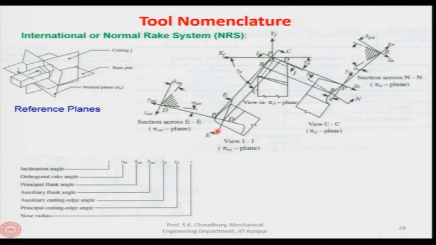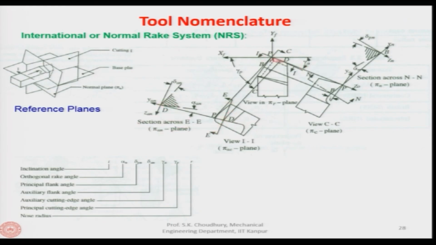In this plane we will take another plane which is perpendicular to the cutting edge. This is the cutting edge, and EE is perpendicular to the cutting edge. So, this is the plane which will be called the auxiliary normal plane, because it is normal to the auxiliary cutting edge.